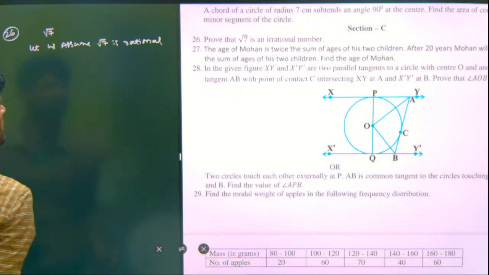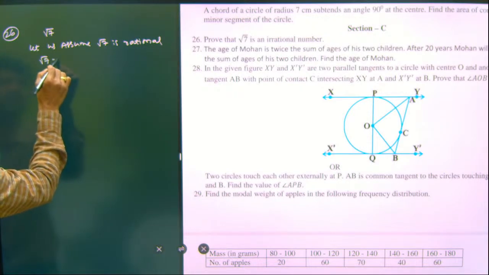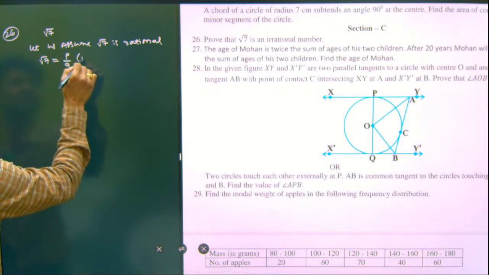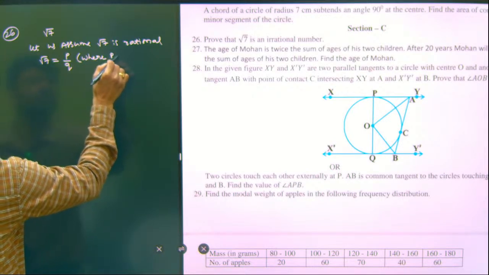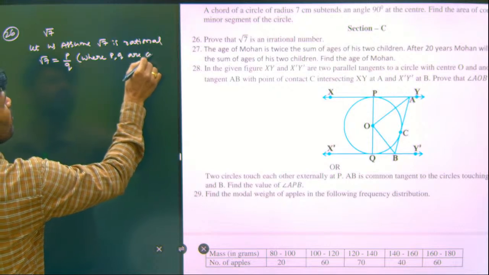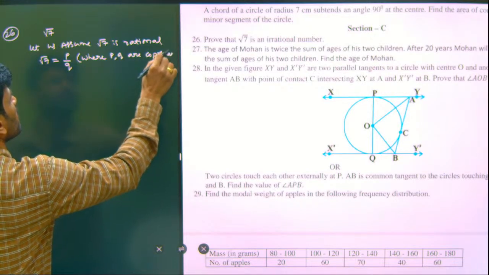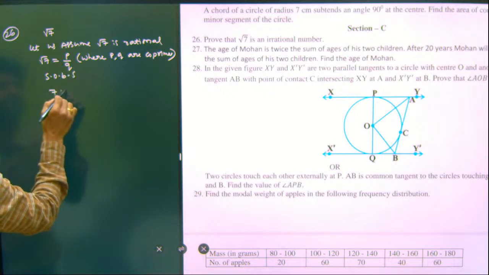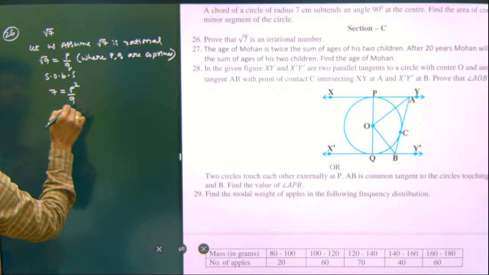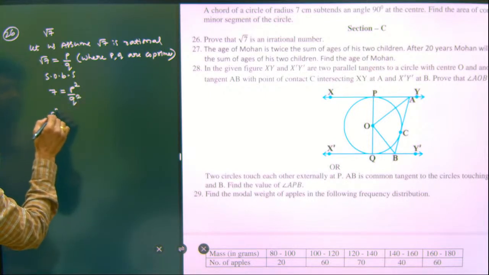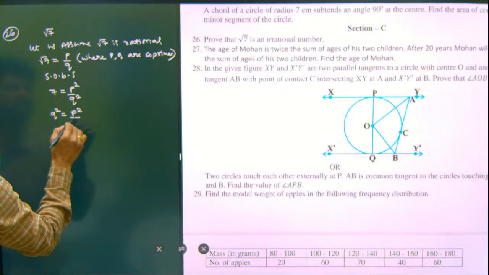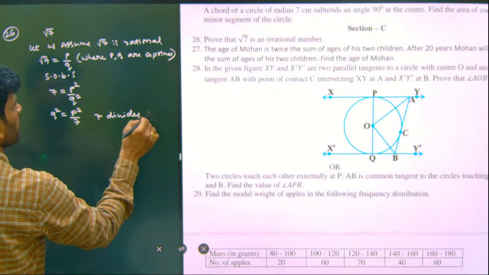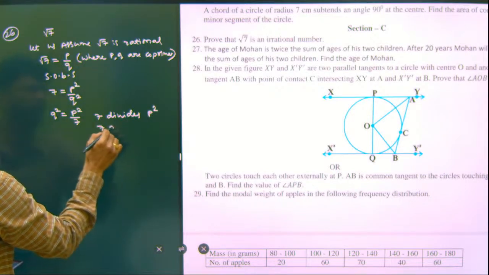Because it is rational, we take root 7 is equal to some p by q, or a by b, where p comma q are co-primes. Then we square on both sides, we get 7 is equal to p square by q square. Then from this, q square is equal to p square by 7. Then we write 7 divides p square, 7 also divides p.